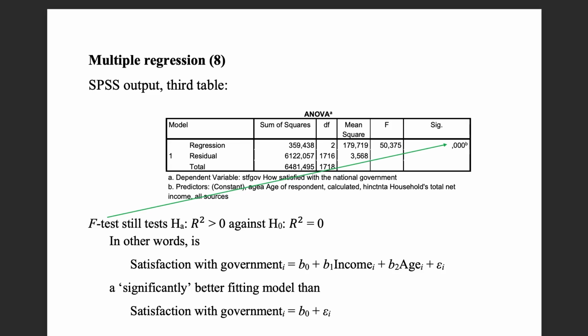In other words, it's very unlikely that we would find this if the model that includes age and income is no better at predicting satisfaction with government than when we just use the mean value to predict satisfaction with government.